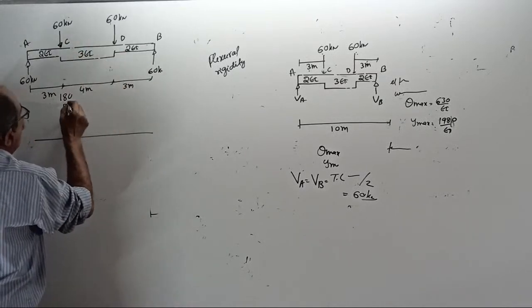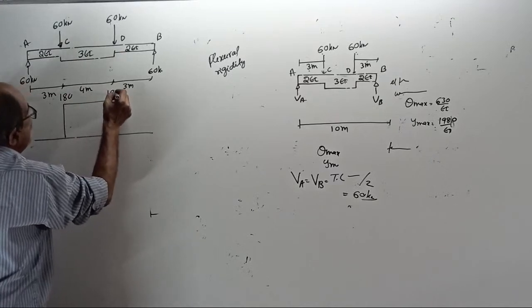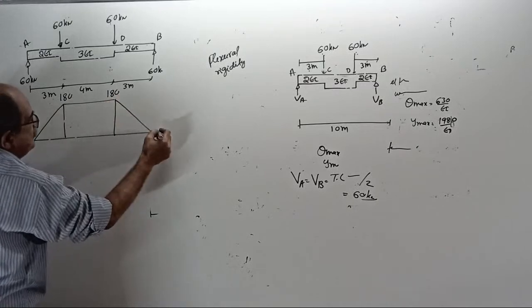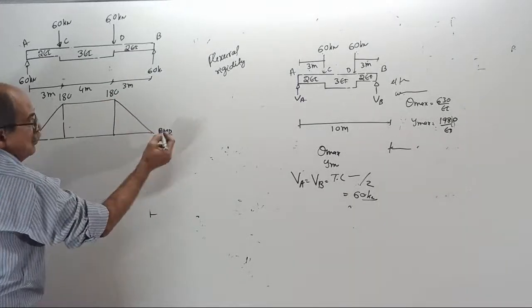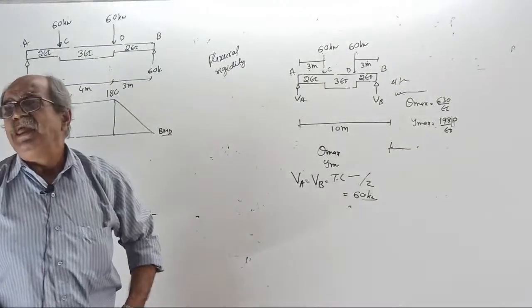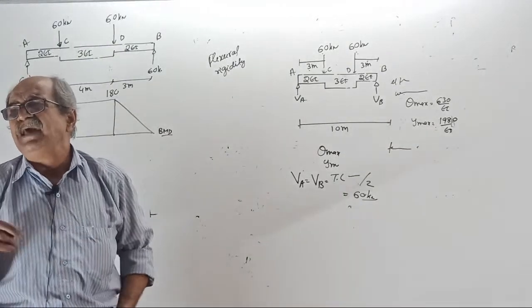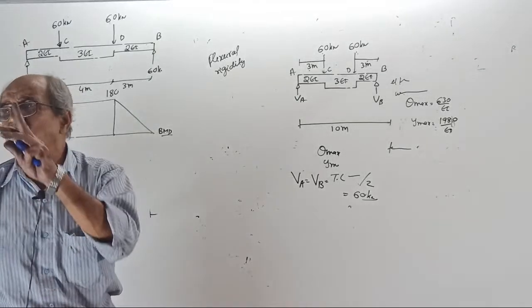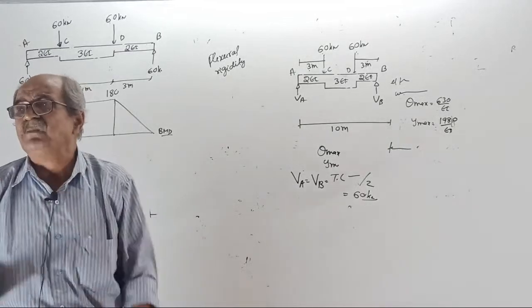Same here also, 180, back to 0. This is the bending moment diagram. Now, all values are in kilonewton meter. Some people draw BM by EI diagram, moment area method not required. But for the conjugate beam method, you have to draw the BM by EI diagram next time.